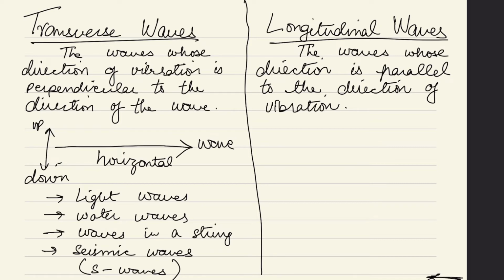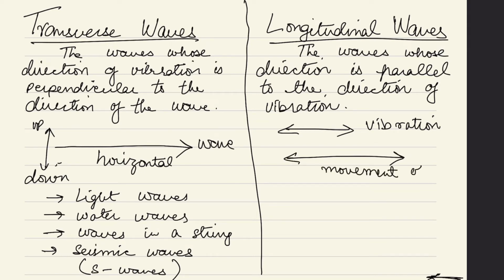For example, the wave is vibrating in the horizontal direction. So this is the direction of vibration, and the wave is also moving in the horizontal direction. So this is the movement of the wave. You see, this movement is in the horizontal direction and that movement is also in the horizontal direction. So these two movements are parallel to each other. Such a phenomenon happens in longitudinal waves.